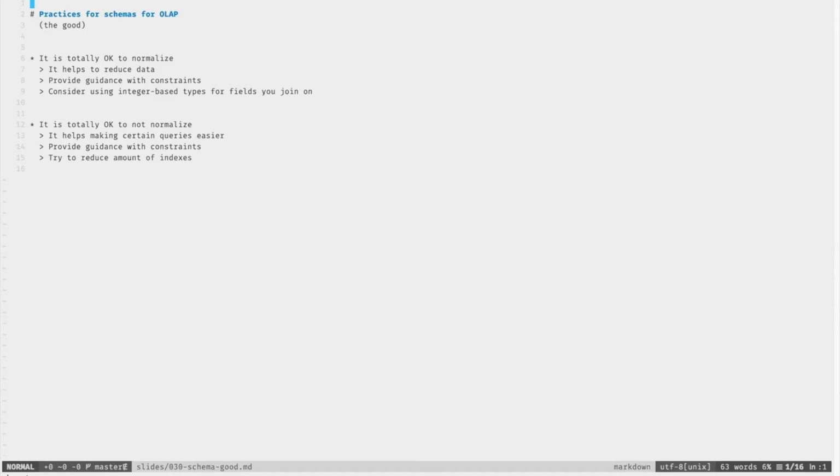The point about normalization is it helps you to reduce data. It helps you to get constraints in place, which ensure consistency across your data. And this is just a really good thing, especially if you're considering to merge OLTP and OLAP, then very likely your schema is normalized anyways. And that just really helps.